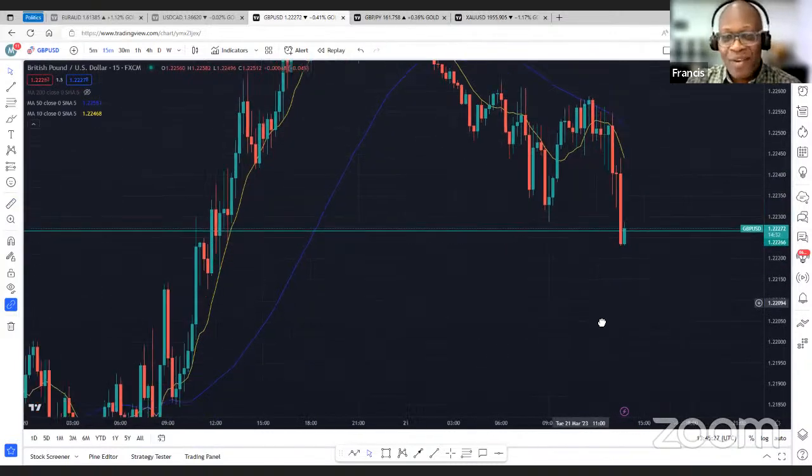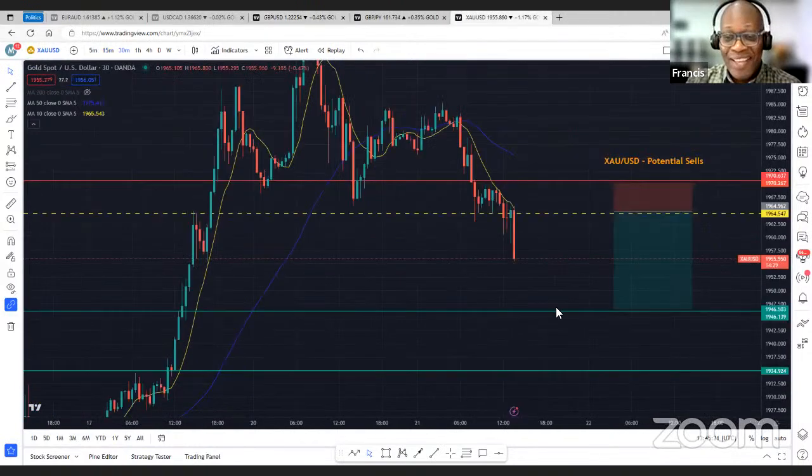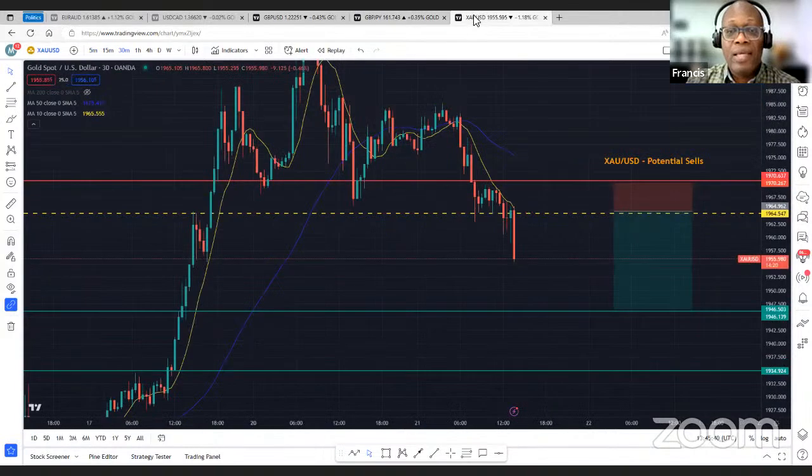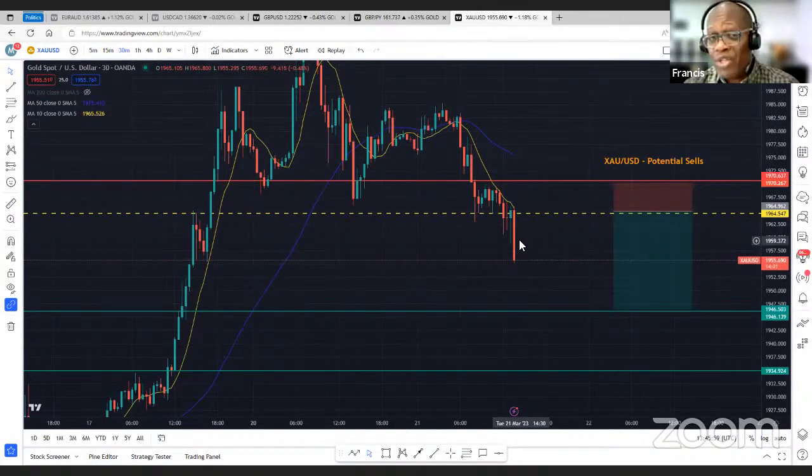Why didn't I enter? Okay. This one has dropped now. So we are going to wait for a pullback, and I believe we'll get it. We're waiting for a drop on GJ as well. We want GJ to drop and pull back. This has dropped. I'm not surprised, because gold and pound USD, cable, tend to move in a similar way.